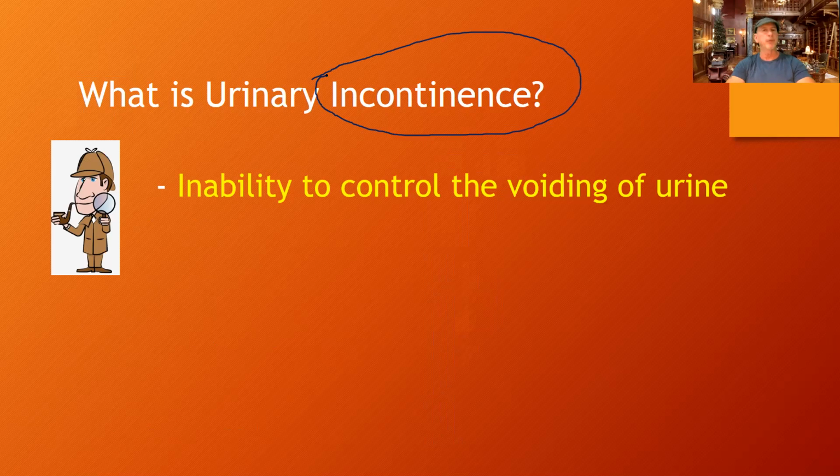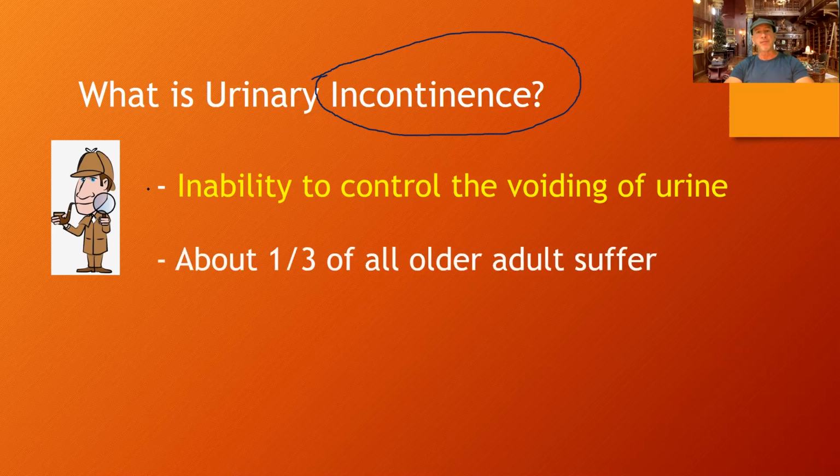Incontinent means you can't control it and you pee the bed. We deal a lot with this because a lot of our patients are in an unconscious or semi-conscious condition, so they can't control their voiding. Or they may be old and they've just lost the ability to control that.